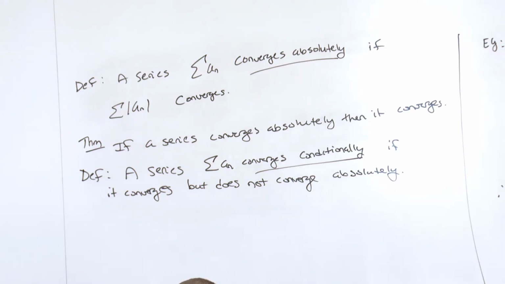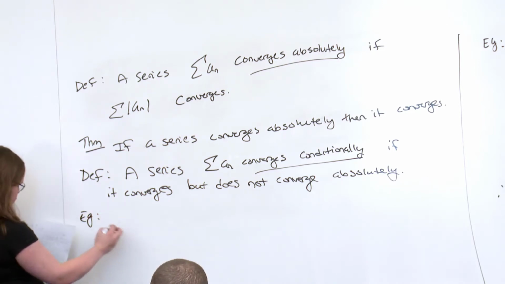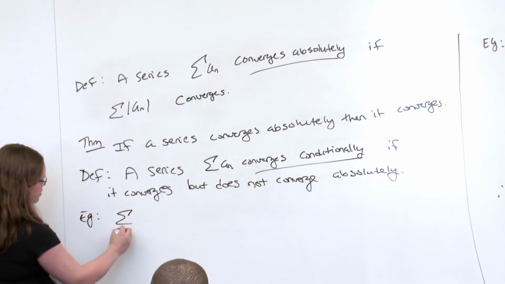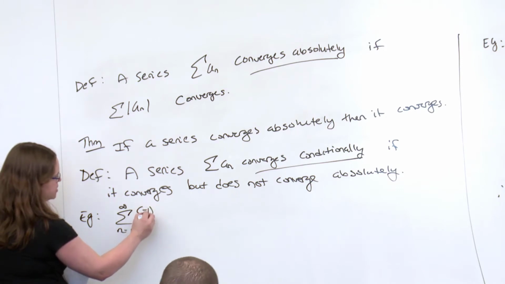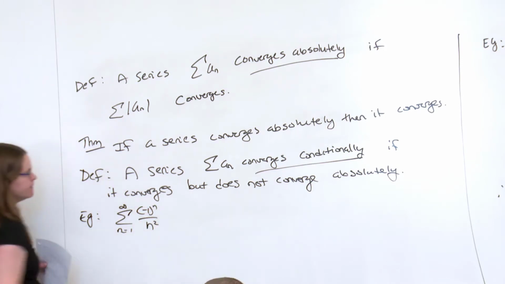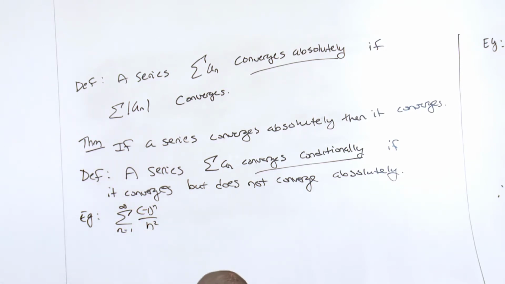So we have lots of tests that we can use to check for absolute convergence. If you happen to have a series that has sign flips in it, but the sign flips don't really affect whether or not you get convergence, then you can just use any of our old tests. So for example, if you do something like (-1)^n over n squared, this is going to converge absolutely.